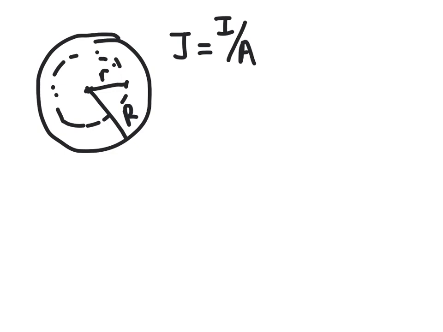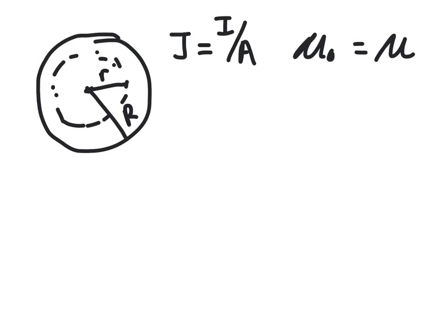We want to find the value of B at the distance little r from the center of the wire. We're going to make a side assumption here: that mu naught, the vacuum permeability, is the same as the material of this wire, which it's not necessarily, but we could change that number to fit, just like a dielectric constant idea.